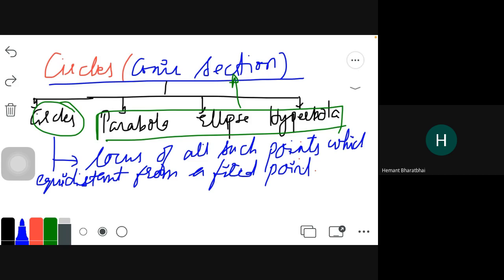And we very well know that this fixed point is called the center, and this fixed distance is called the radius. So this definition itself is going to help us in finding the equation of the circle.